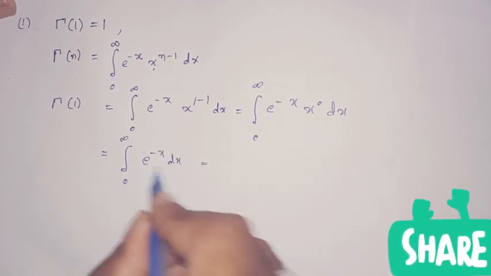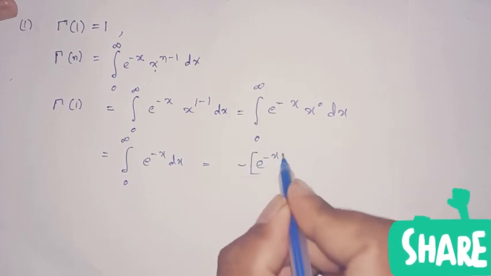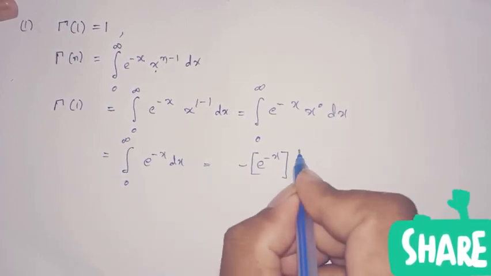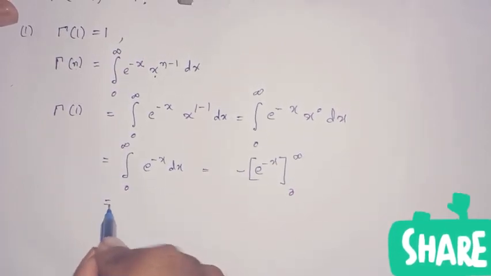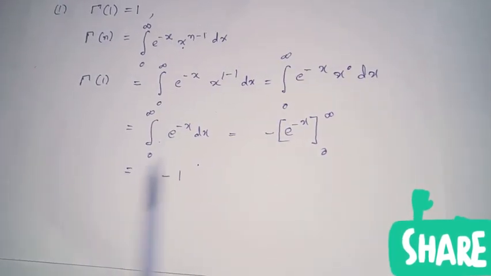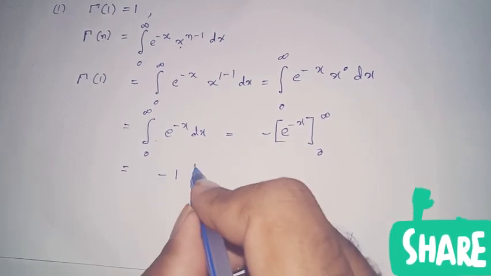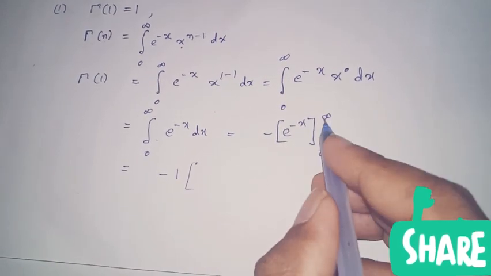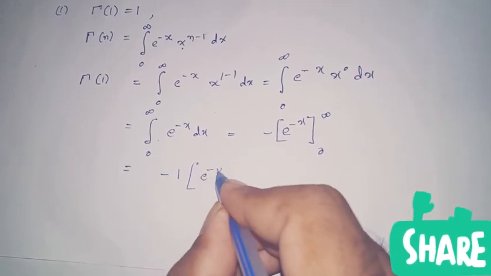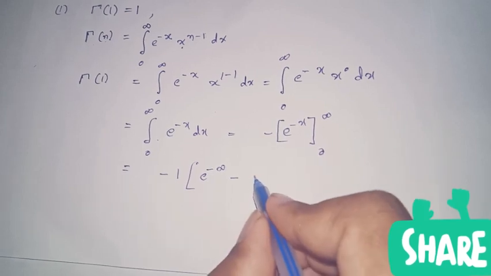What is the integration of e power of minus x? Minus of e power of minus x. The limits are 0 to infinity. If we replace x with infinity, we get e power of minus infinity, minus, if we replace x with 0, we have e power of 0.